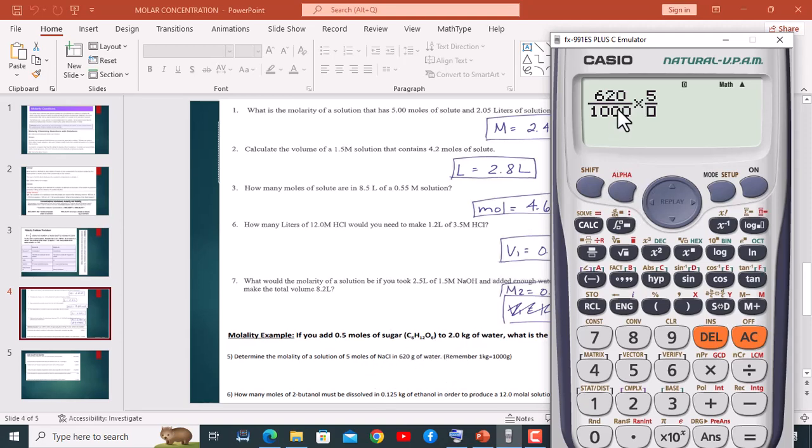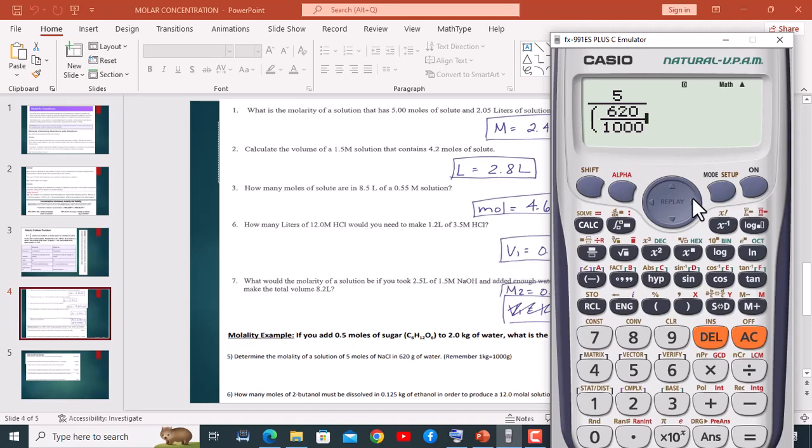Very, very important. So let me just say 5, which is number of moles, divided by, and I can now say 620 divided by 1000.